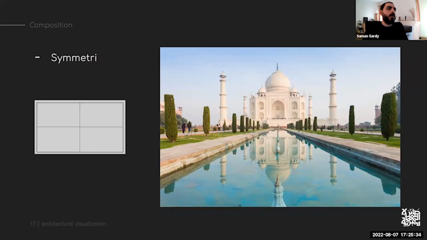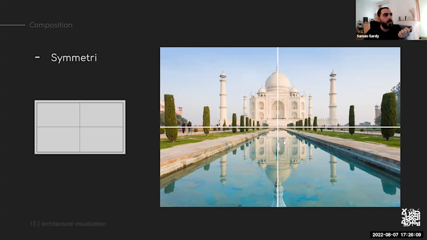And now we have symmetry. I believe the name is familiar to whoever is working in the design or architecture industry, because it's one of the design principles. Here we put our hero, our architecture, in the middle in a symmetric way. In this photograph, we can see it has symmetry vertically and horizontally.